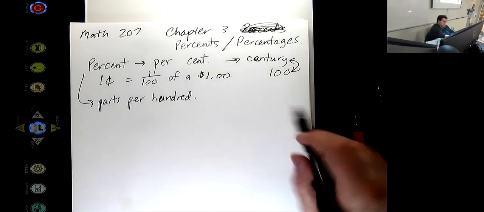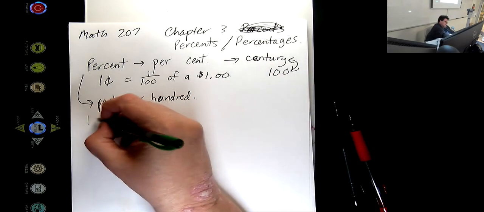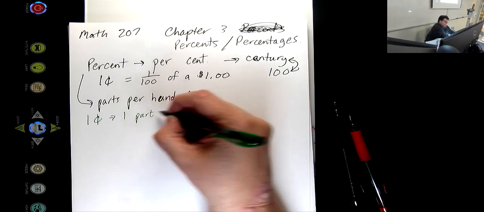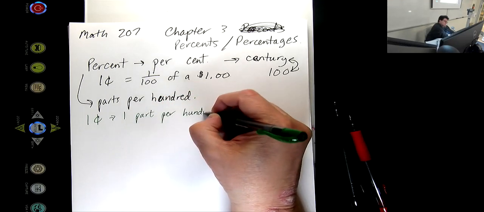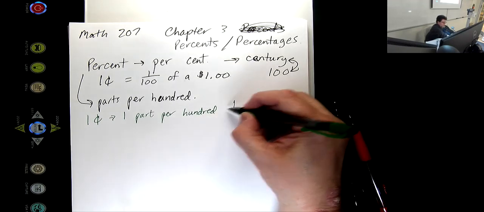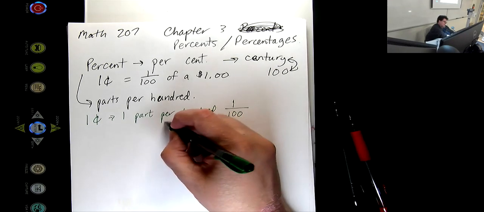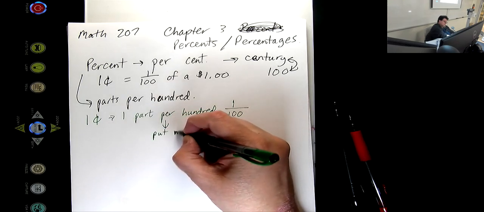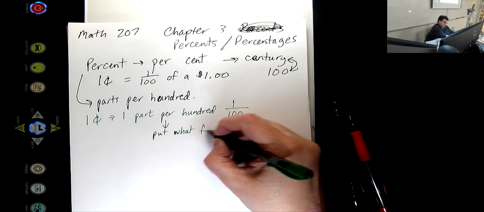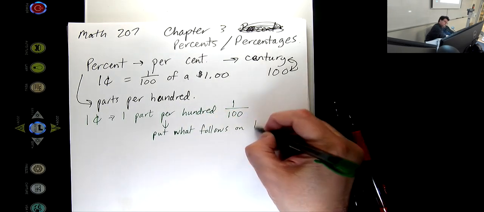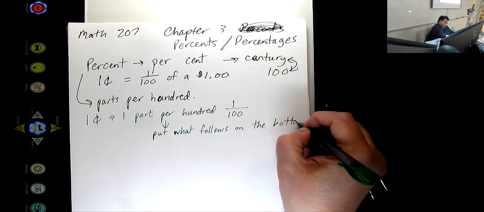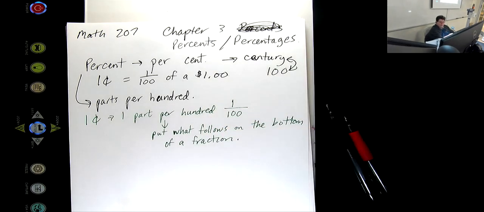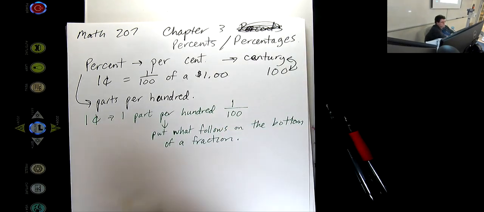So like this is 1 cent. It is 1 part per 100. And that's like part per often means put what follows in the bottom of a fraction. And we just got done showing how to do that.